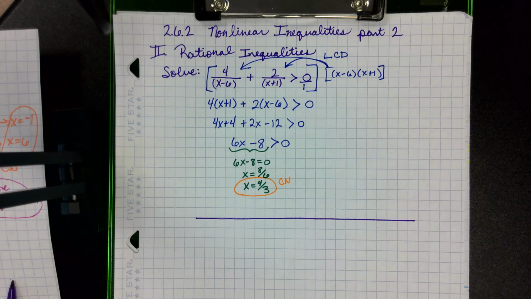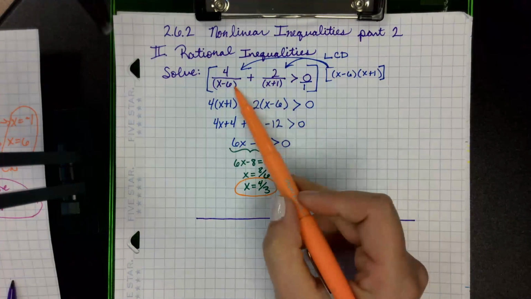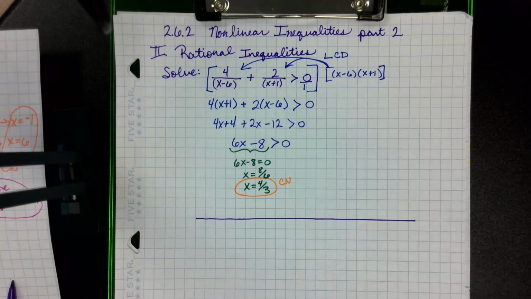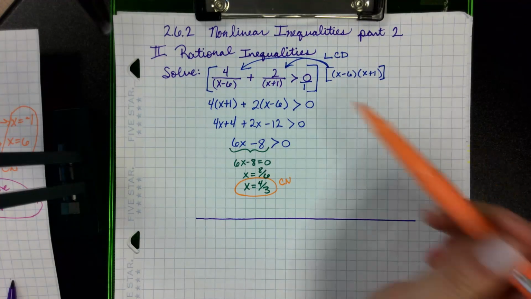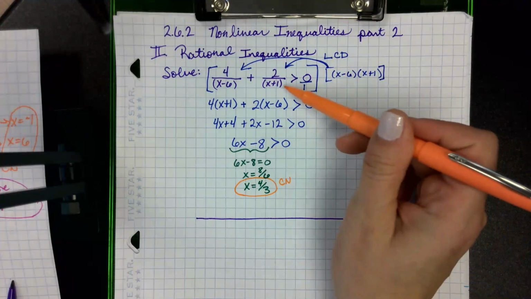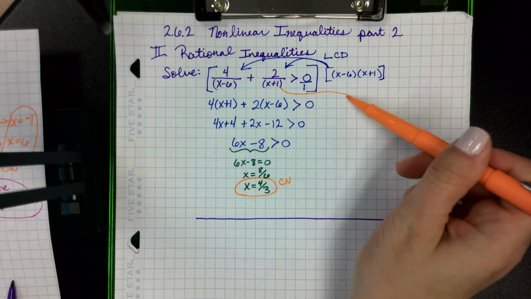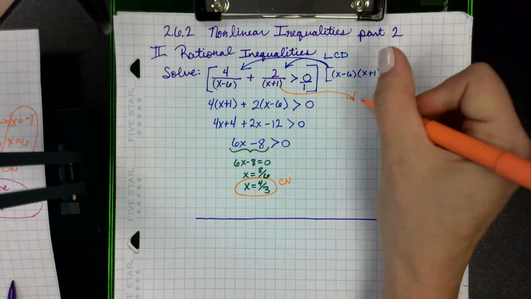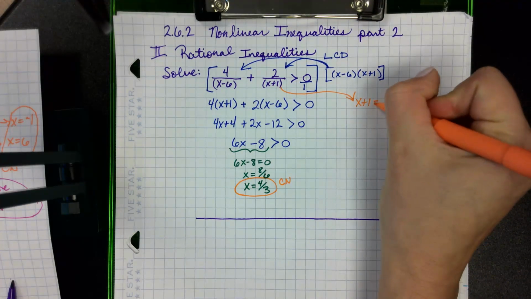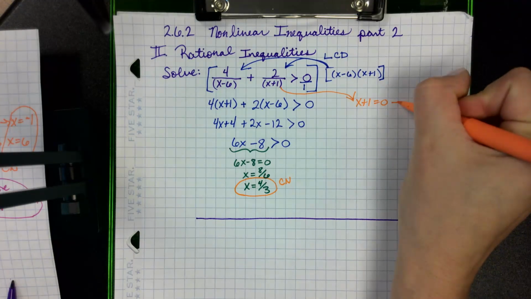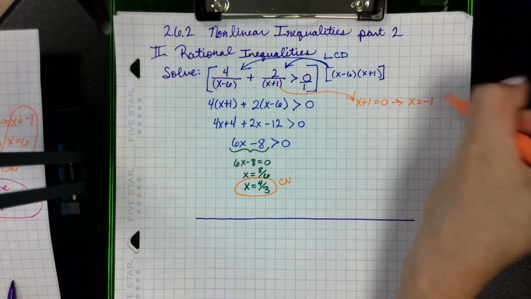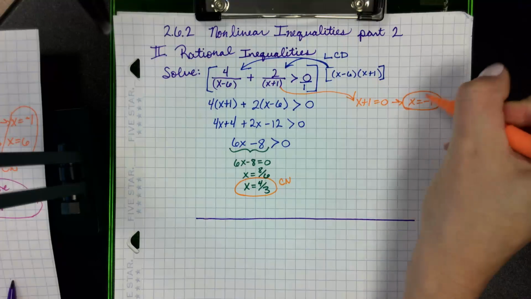So anything that would make that happen is also critical. So we have denominators. That's what's new for today with this example versus what we did last Wednesday, where we didn't have any denominators, so we didn't have to worry about that. But we cannot let our denominator equal 0, so we take x plus 1, set it equal to 0, and that gives us x equals negative 1. That is a critical number.